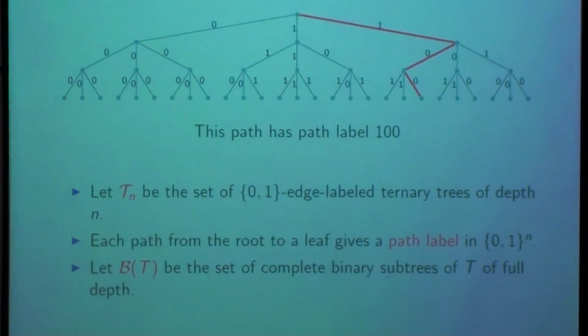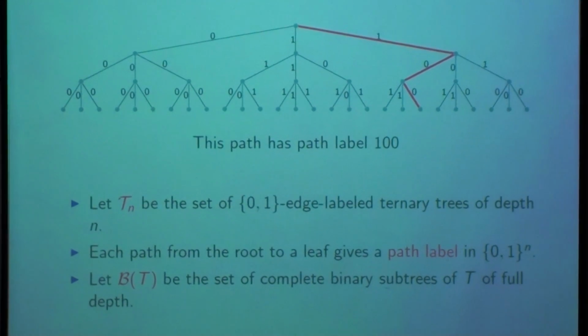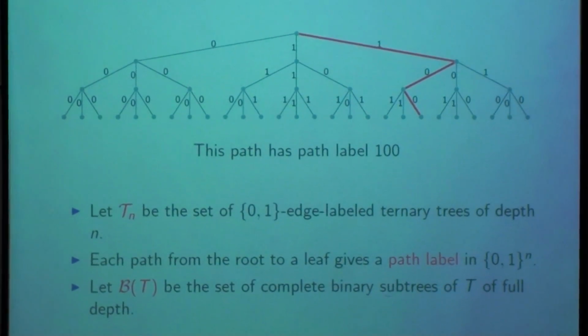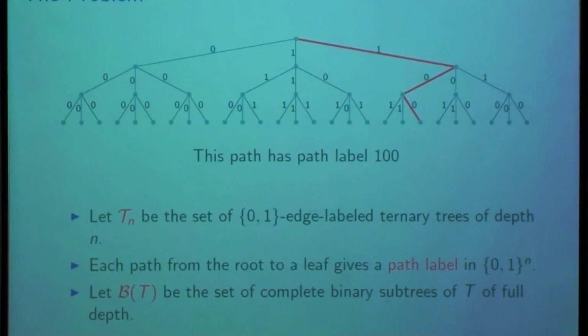So we're going to be looking for binary subtrees which don't have too many of these path labels. So a little bit of notation, and there's one more coming. Script B of T is the set of all complete binary trees of full depth.